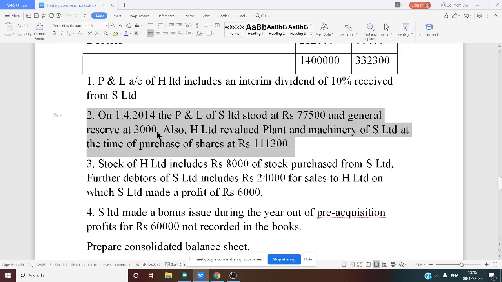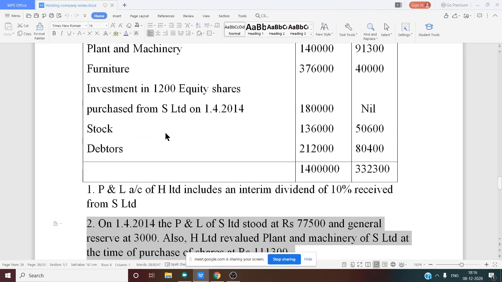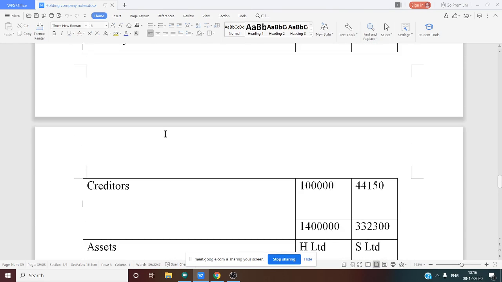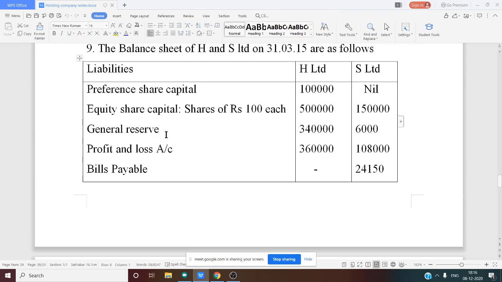That is why this is pre-acquisition profit. Similarly, a general reserve balance of rupees 3,000 was also there on that date. So this 3,000 is a pre-acquisition reserve. We have to see the balance sheet for that matter. See this balance sheet, liability side, general reserve: the total reserve of the subsidiary company is 6,000.